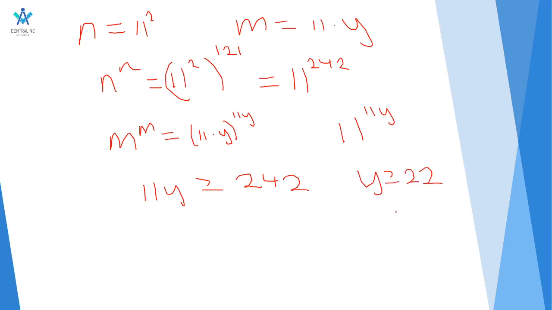So going back to our sum, let's look at our sum here real quick. Our sum would be m plus n. Let's just move to the next slide. So m plus n. So we already defined n as 11 squared, and we defined m as 11 times y.